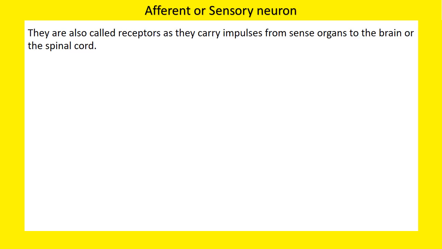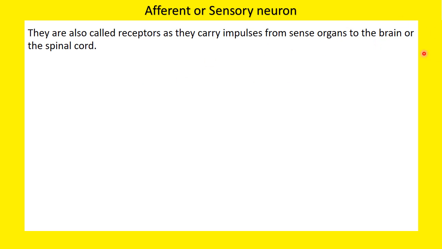In this slide I will explain the types of nerves or neurons. First we take afferent or sensory neuron. They are also called receptors, because receptor is another name for sensory neuron, as they carry impulses from sense organs to the brain or the spinal cord.